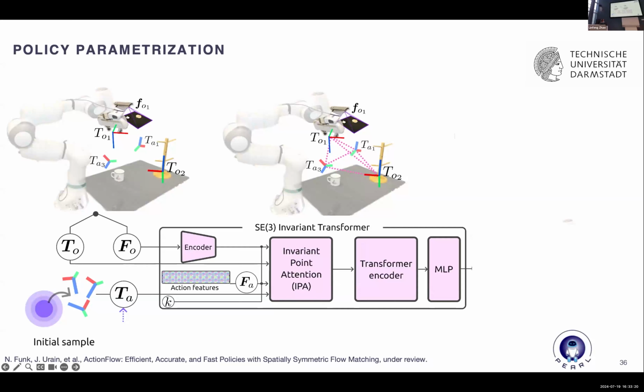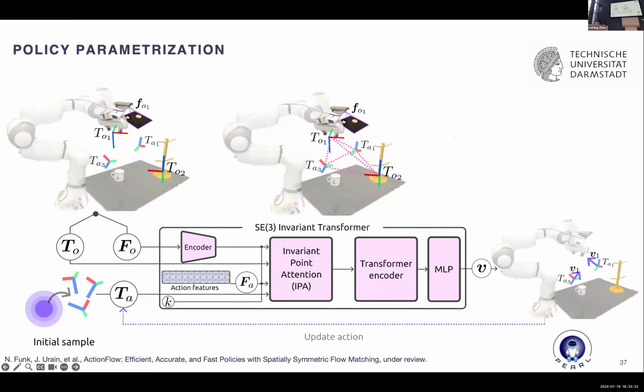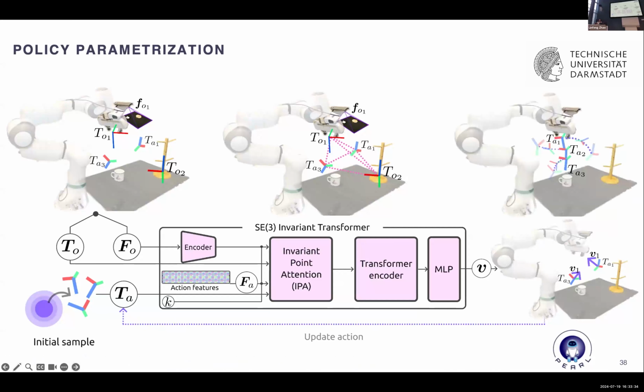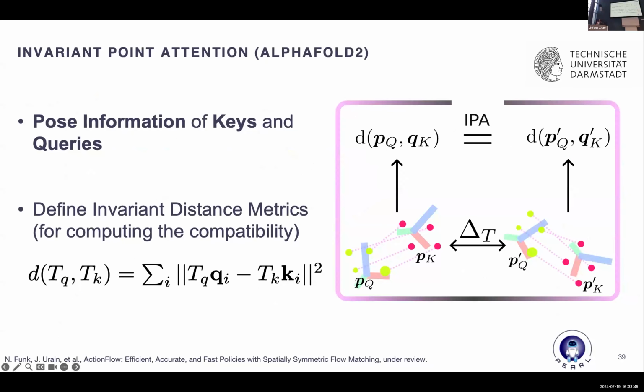This goes through the SE(3) invariant transformer, and the output is basically the change in the pose. So you compute the vector field, which is what we do in diffusion and also in flow matching. You end up doing these action updates quite fast, and you get the final path that takes you to your goal configuration.